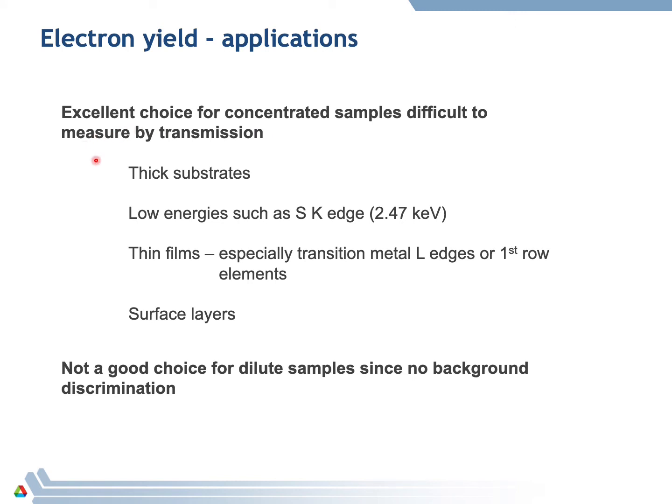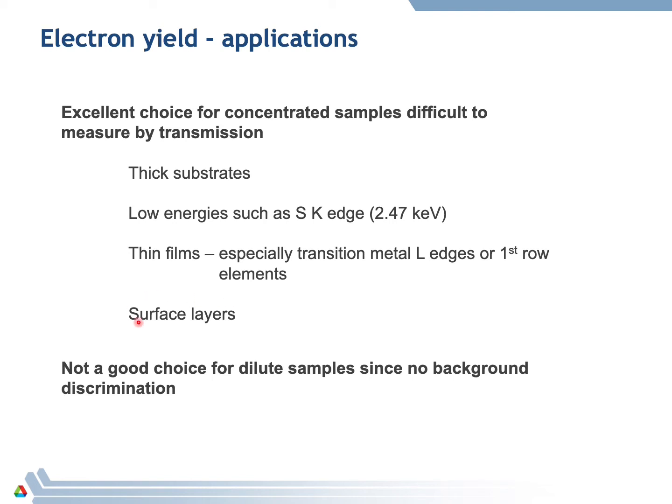So that's what I mentioned here: thick samples, thick substrates where we can't do transmission. It's also very good for low energies, such as, say, the sulfur edge, where the samples for transmission have to be very thin and it's really hard to make a good sample. It can be used a lot for thin films, especially at low energies, like the oxygen edge or carbon edge.